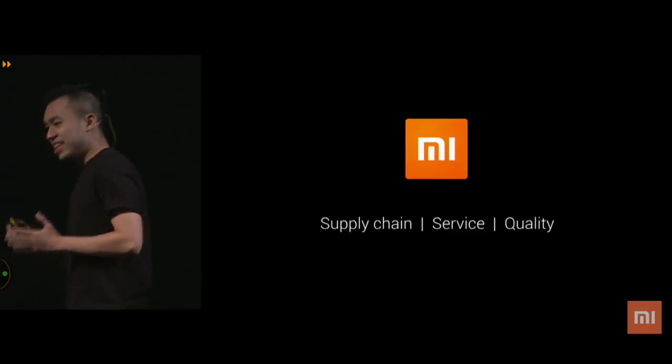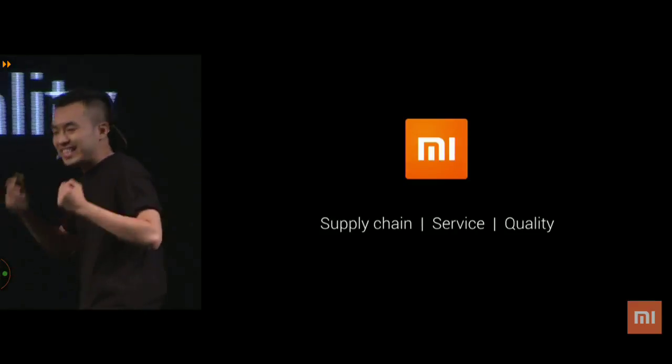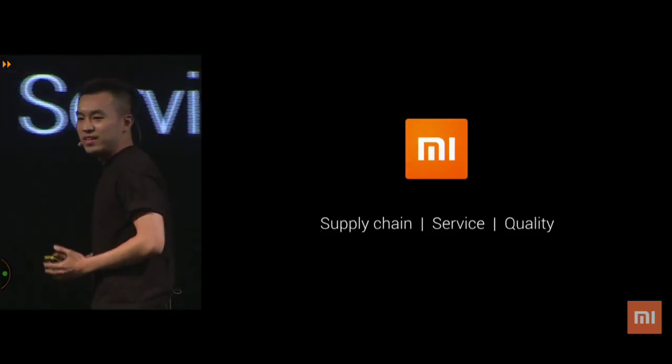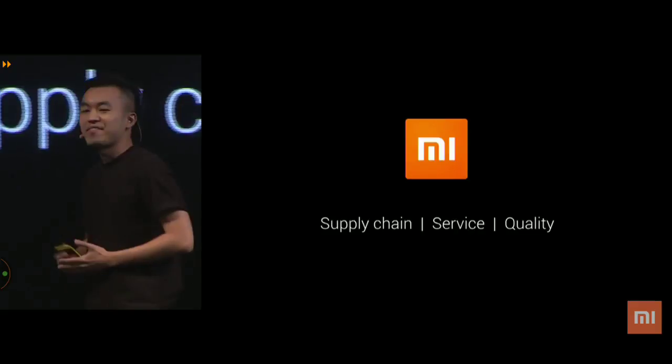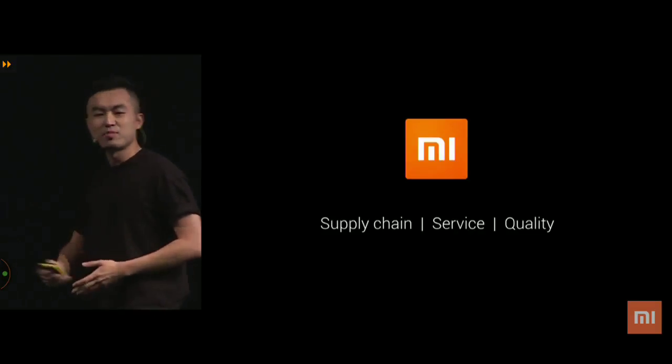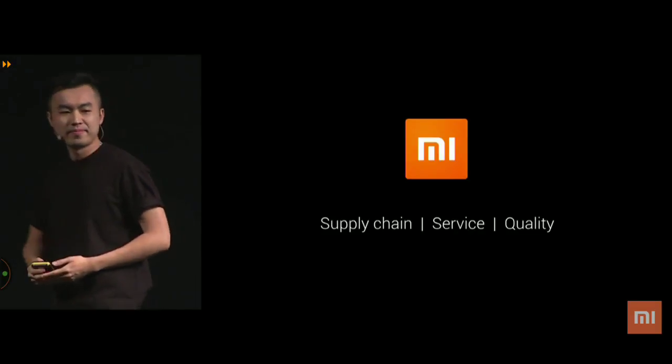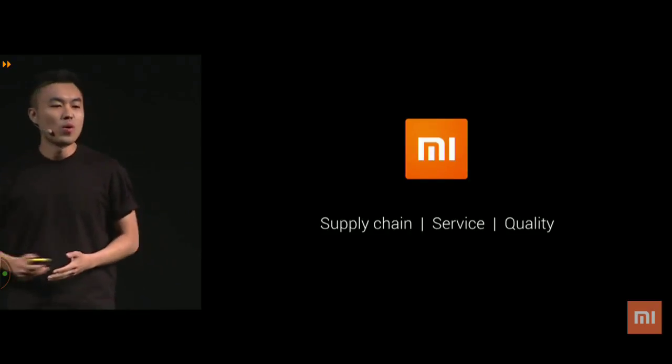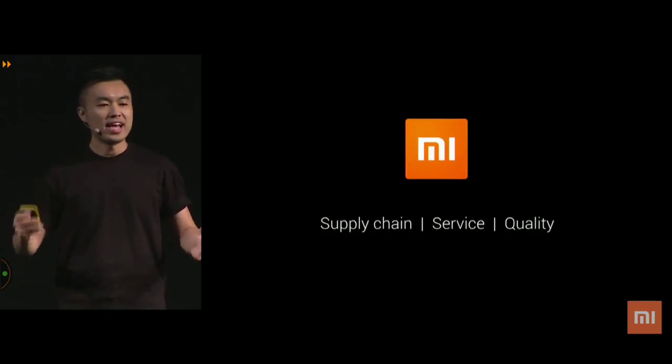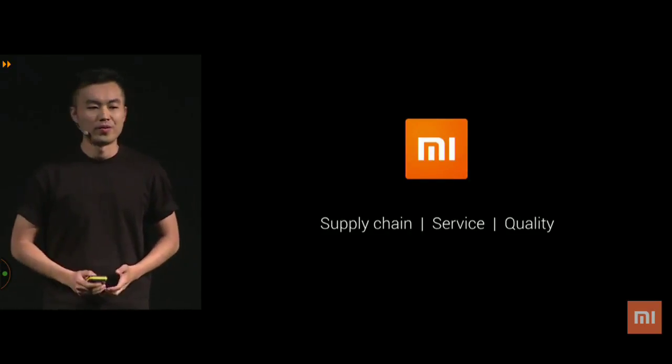Now, this arrangement is great, it's interesting, it's cool, because we have the backing of one of the greatest smartphone brands in the world today. Xiaomi is the #1 India smartphone brand and the #4 in the world.